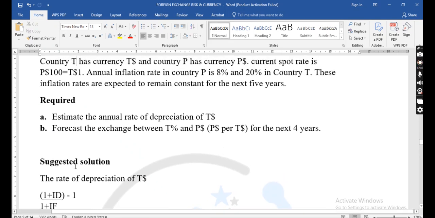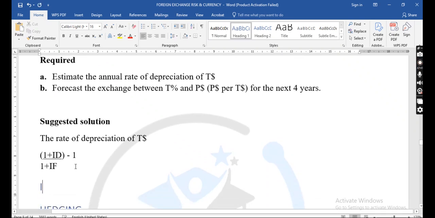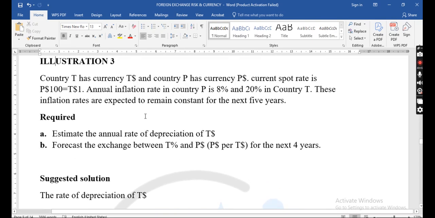And why do you think the question says we should determine the rate of depreciation for T dollar? We don't know, right? Now, what will be our foreign or domestic inflation rates? Looking at the spot rate of P dollar, no Nigerian currency is there, right?